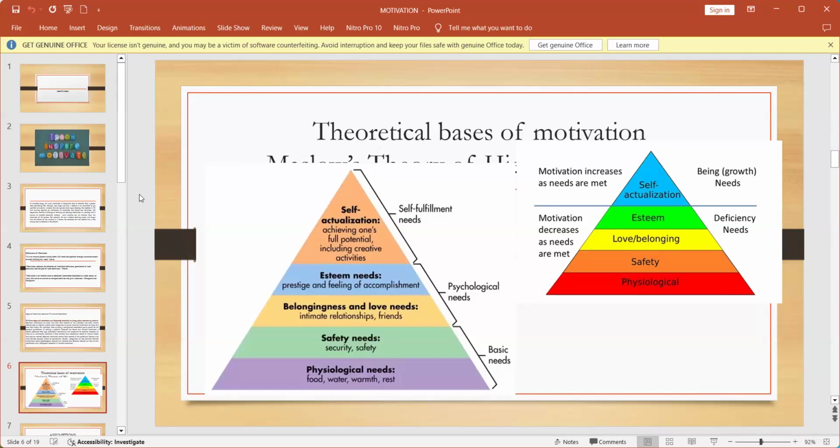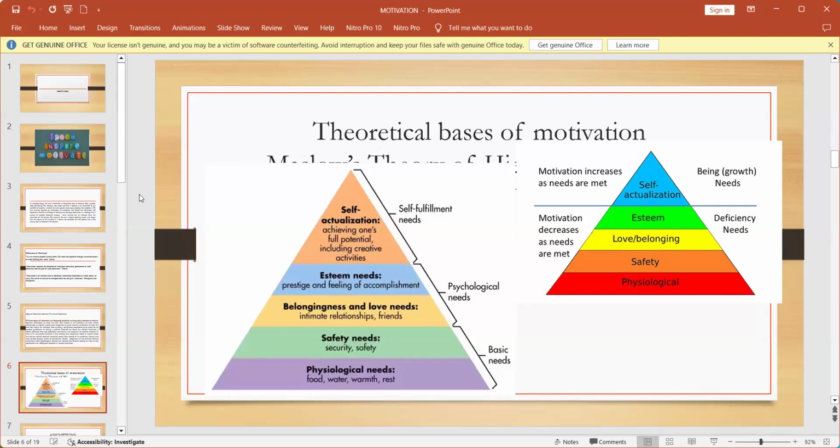And you can see this is how your students are also motivated to learn, right? So how they can be motivated to learn, you can see through this hierarchy of needs theory. According to Abraham Maslow, we individuals are motivated by need fulfillment.